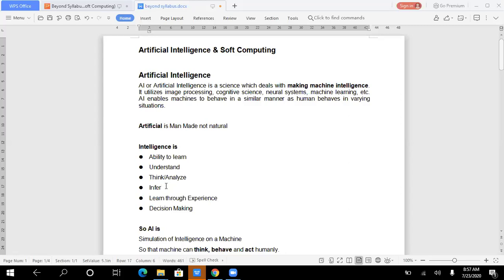Next thing is infer. We have all learned inference. What is inference? We have two conditions, and with the two conditions we are inferring something. We have all understood and learned the inference rule, that if A is equal to B and B is equal to C, then A will be equal to C. So this is inference.